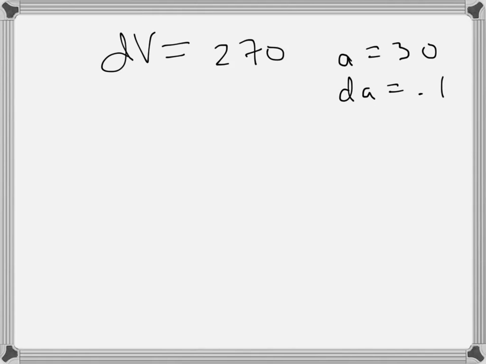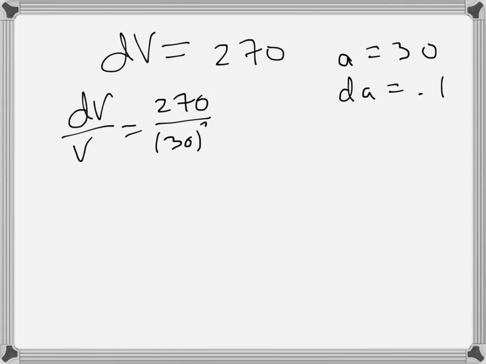So to put this in perspective, it really helps to think about how big the overall cube is. And so I should take dV divided by the total volume. So this is 270 divided by the volume of the cube, which would just be 30 cubed. So this is 270 divided by 27,000. And so this number is just 0.01.